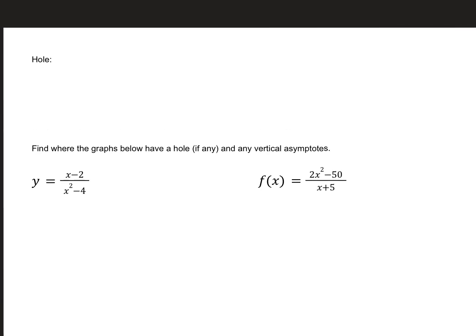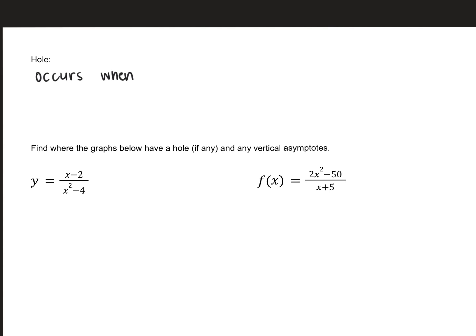All right, so the next thing we have to look at is something called a hole. And a hole occurs when a factor cancels in a rational function.